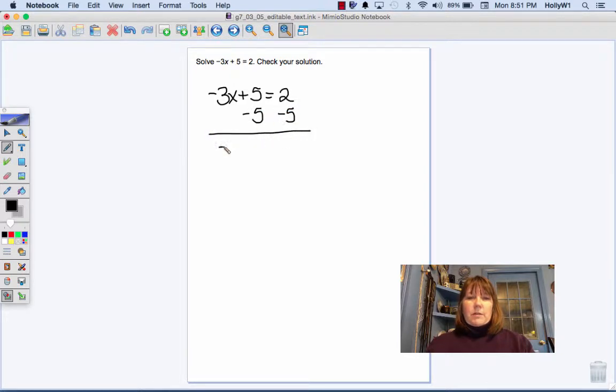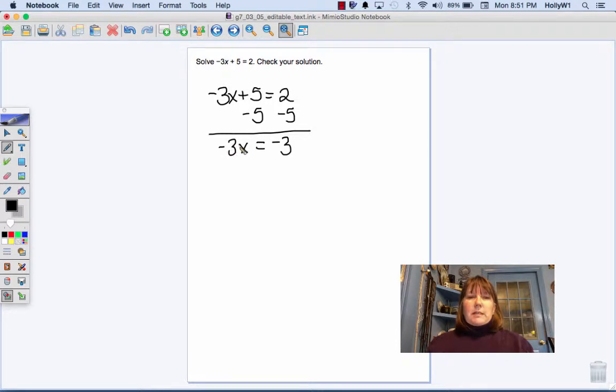So we end up with negative 3x, and 5 subtract 5 is 0. So we have negative 3x is equal to 2 subtract 5 is negative 3. And now this is beginning to look like what we did in our last section, where you are solving a single-step equation with division or multiplication.